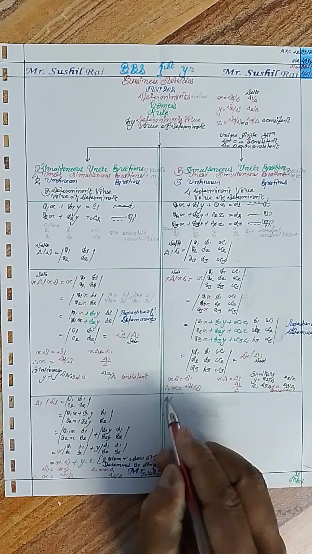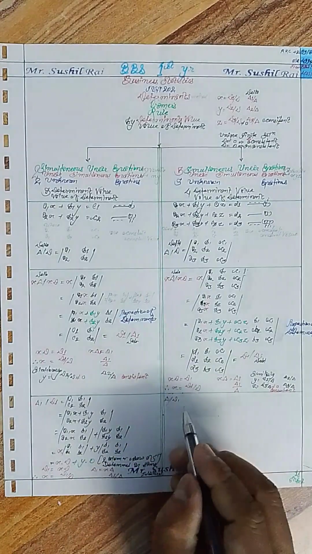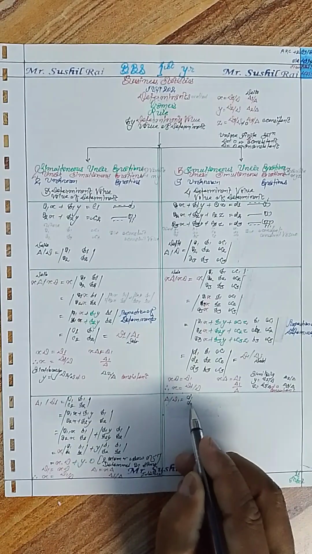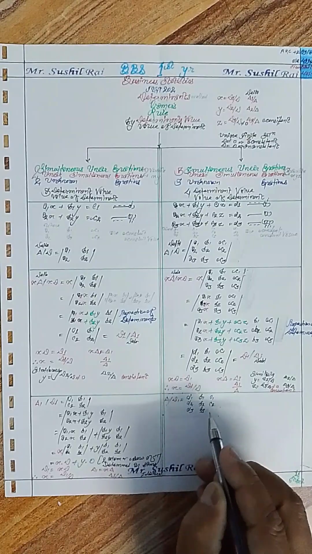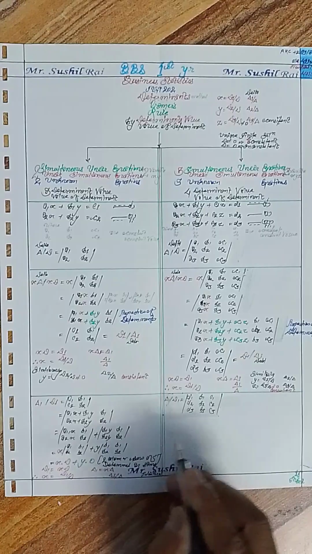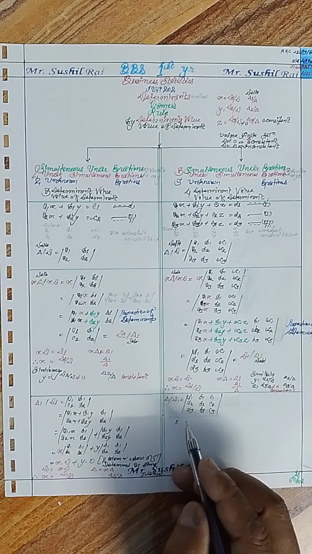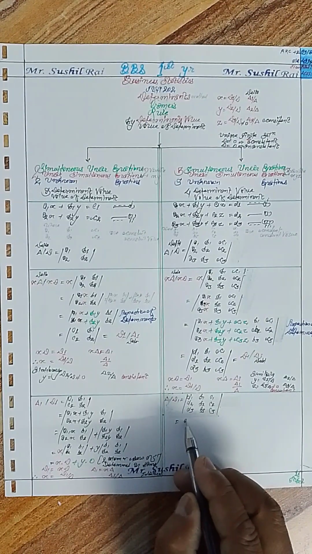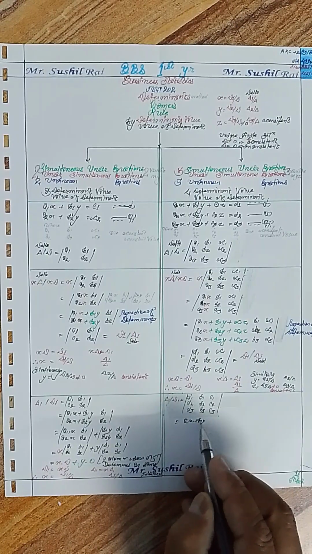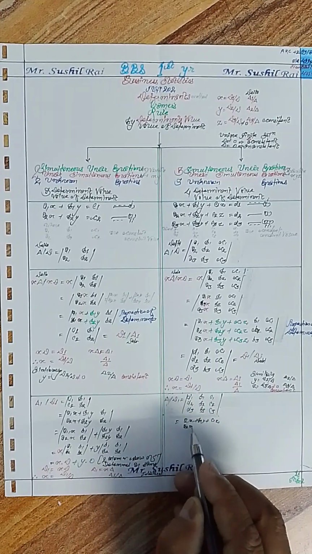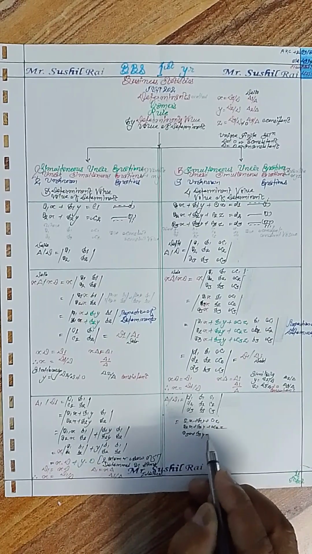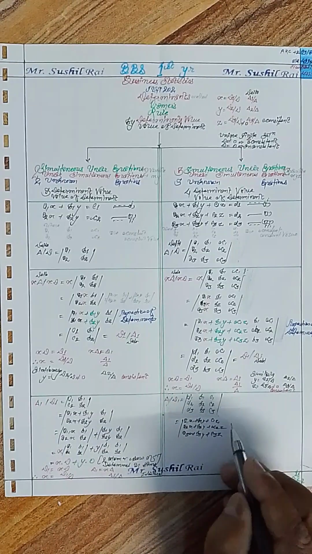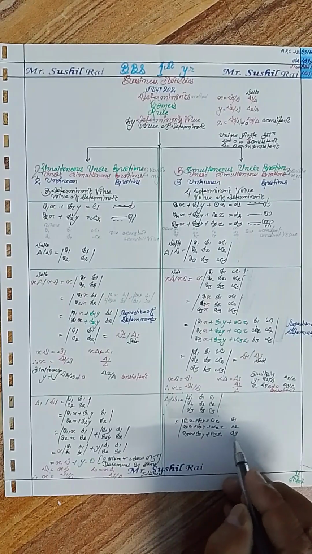Delta 1, D1 equals the determinant with columns d1, d2, d3; b1, b2, b3; c1, c2, c3, which equals the determinant with columns a1 x, b1 y, c1 z; a2 x, b2 y, c2 z; a3 x, b3 y, c3 z; b1, b2, b3; c1, c2, c3.